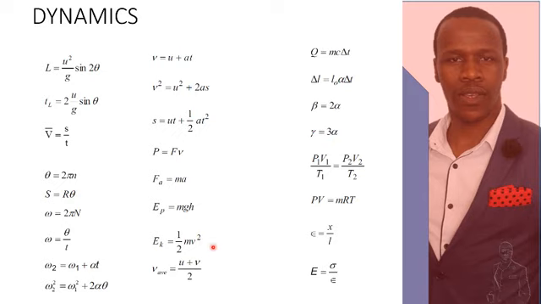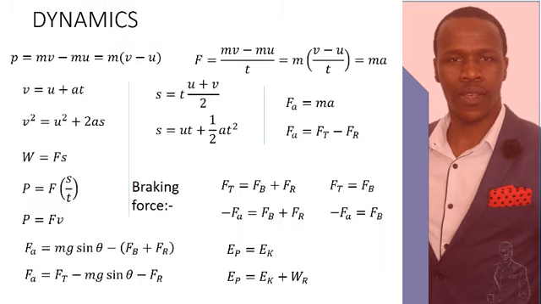Then we have work done, because I can see that we do have the frictional force, so we can use the frictional force as well. But to be specific, this formula is the one that we are going to use.